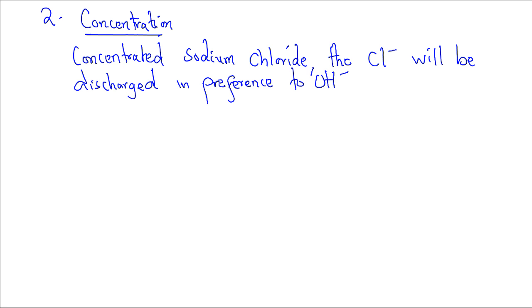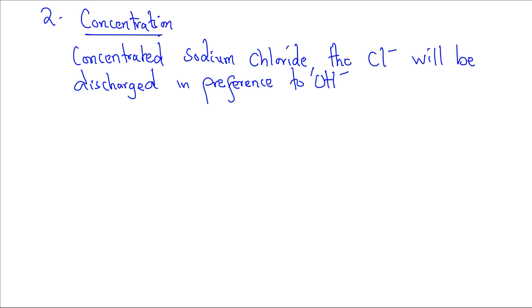Although in the electrochemical series, the hydroxyl is easier to discharge than chloride. So it is the concentration of chloride ions that are more than hydroxyl ions here. And that is why the chloride ions get discharged in preference to hydroxyl ion.